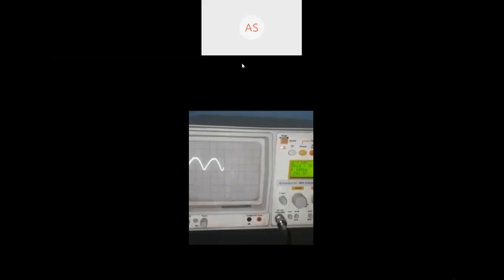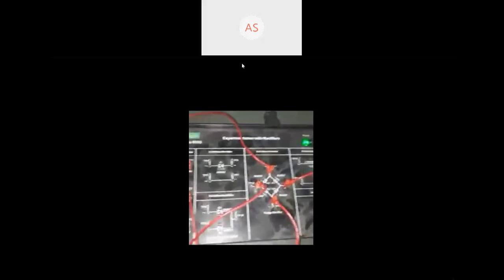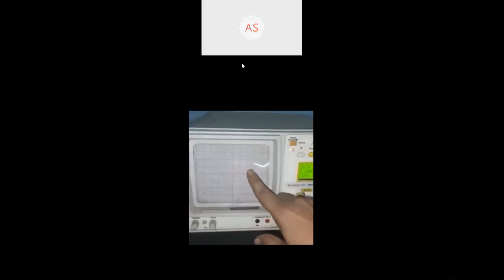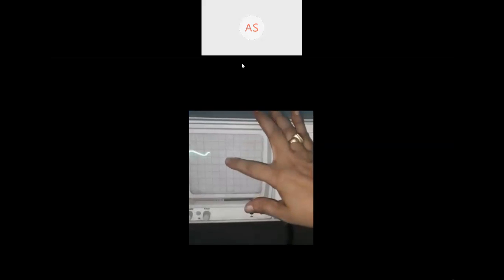This is the input waveform which is shown on the CRO screen, and the output of this bridge rectifier is like this waveform, and we note the value of Vm.